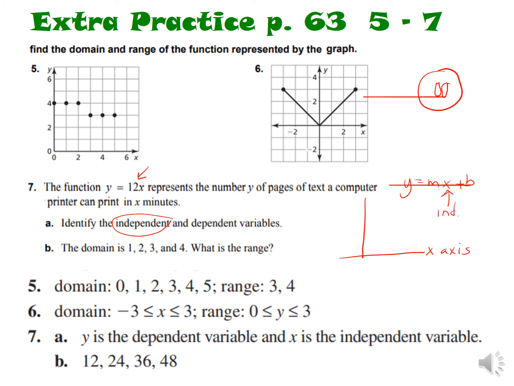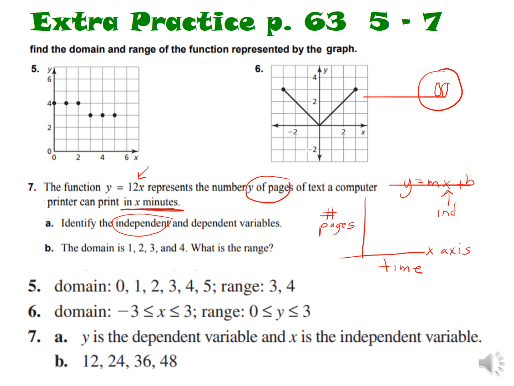And so the independent variable is now the time, so we're going to put time down here. And then the dependent value is the number of pages, so we're going to put number of pages.